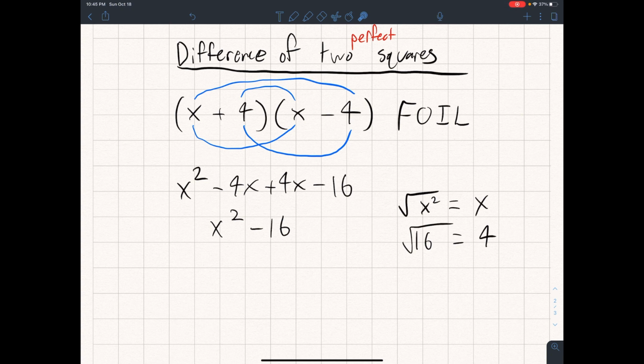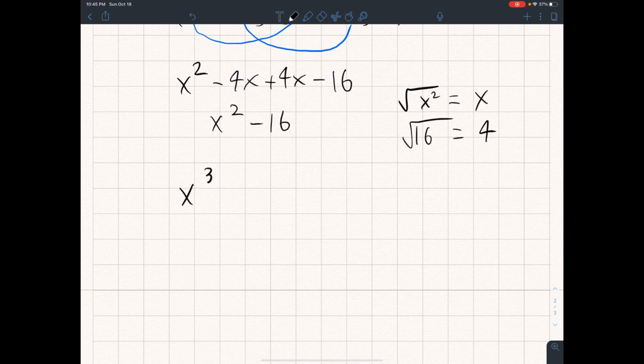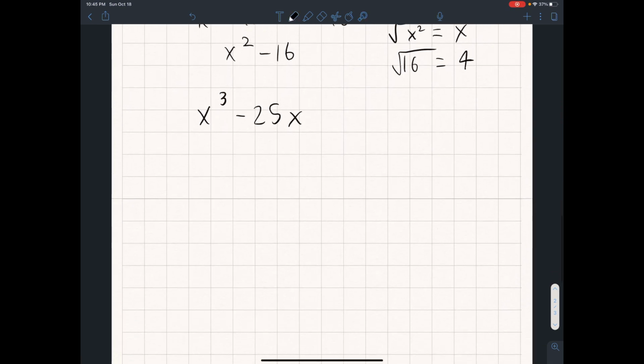So let's say I put this formula to the test. Maybe I have, oh, here. x cubed minus 25x. Well, this doesn't necessarily look like a difference of two squares yet, because x cubed, well, that's not a perfect square. But remember, whenever we factor, GCF first, always.